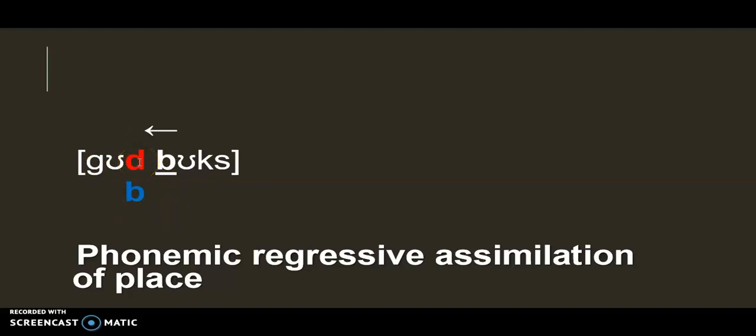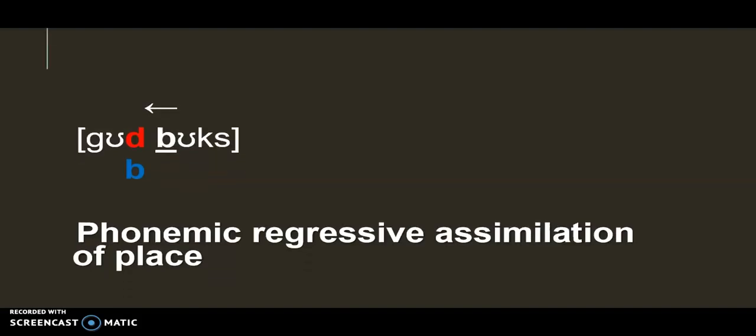D is voiced, B is voiced. So the change is not a change of voice, but D is alveolar and B is bilabial. So this is a case of assimilation of place. The complete name of these examples of assimilation would be phonemic regressive assimilation of place.